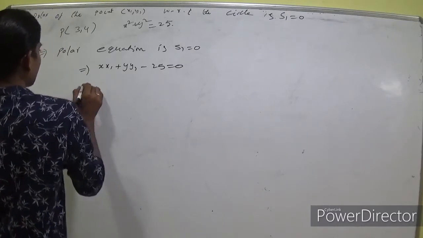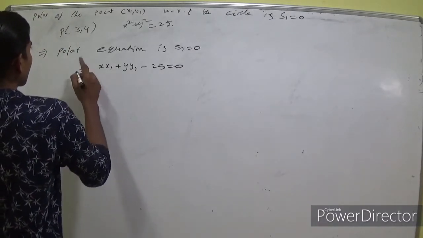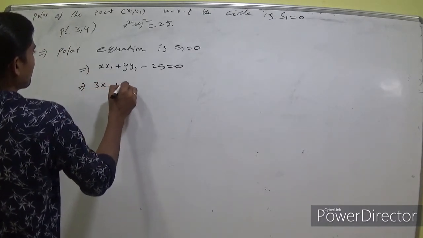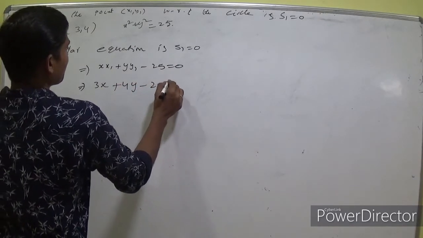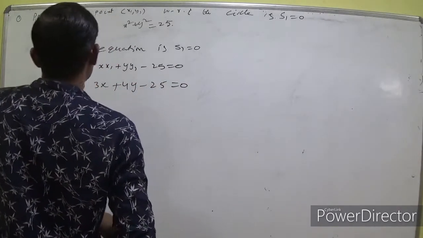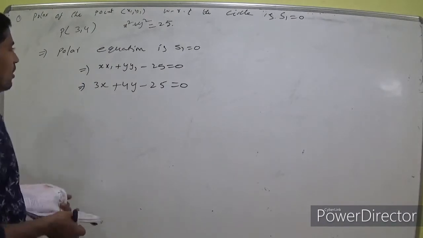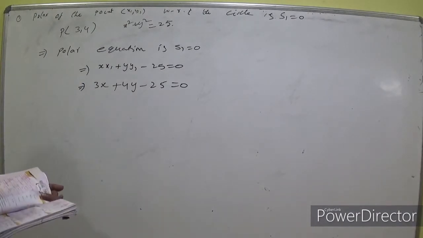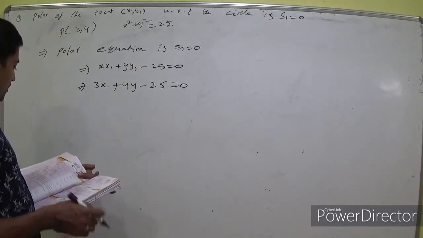That implies 3x plus 4y minus 25 equal to 0.